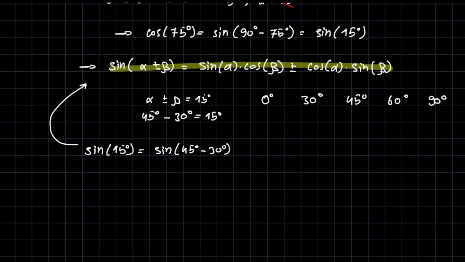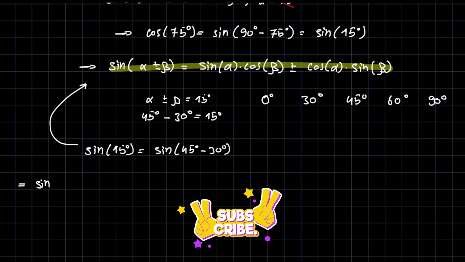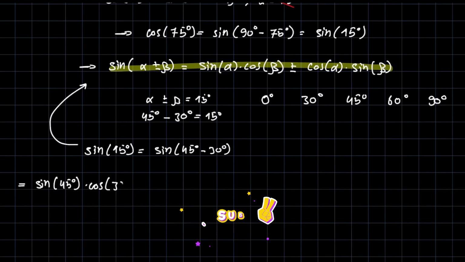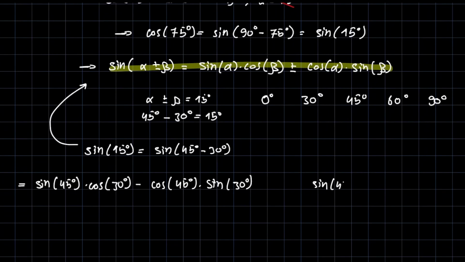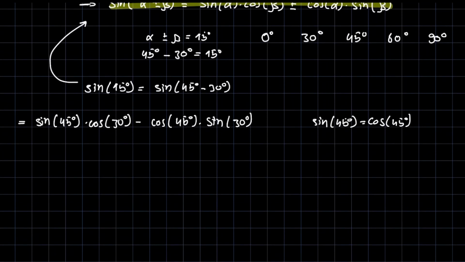Okay, so that would just be equal to sinus of alpha, and I said alpha is 45 degrees, so sinus of 45 degrees times the cosinus of 30 degrees minus cosinus of 45 degrees times the sinus of 30 degrees. Now let's agree that sinus of 45 is equal to the cosinus of 45 degrees, so I can simplify this expression.